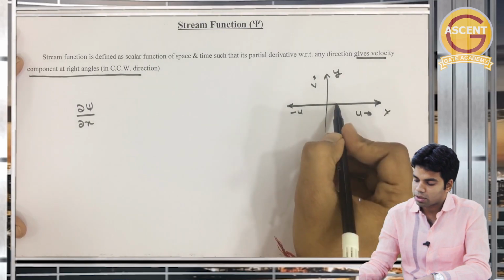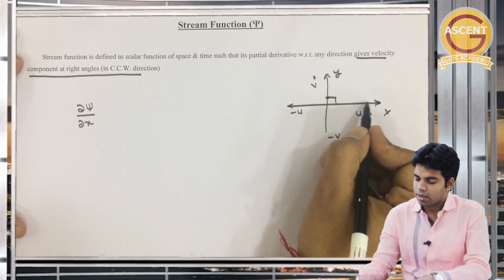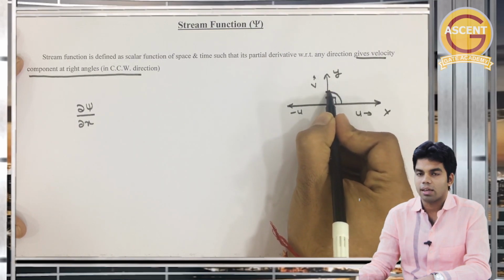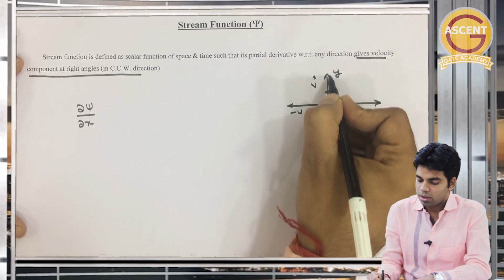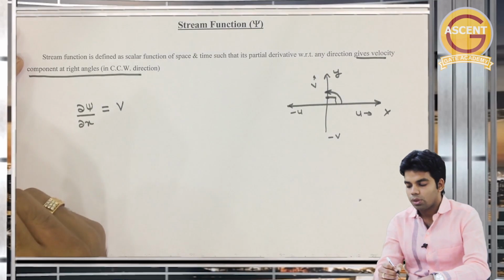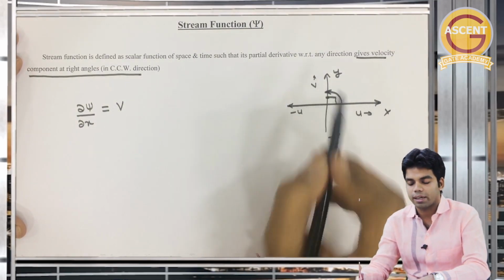It will give the velocity at right angle in counterclockwise direction. So if I go in counterclockwise direction at right angle, I will get the velocity here. So del psi by del x will be equal to v.